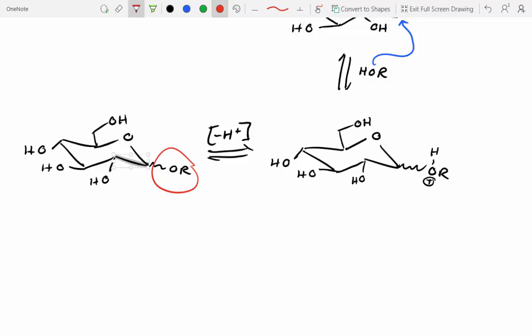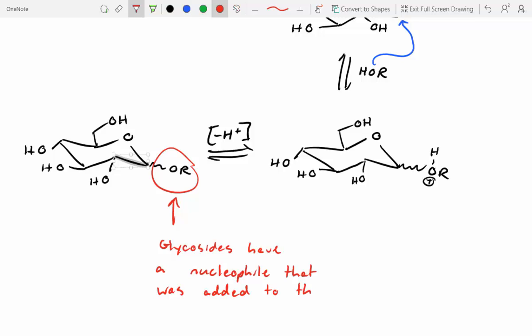So a glycoside will have a nucleophile that was added to the anomeric carbon.